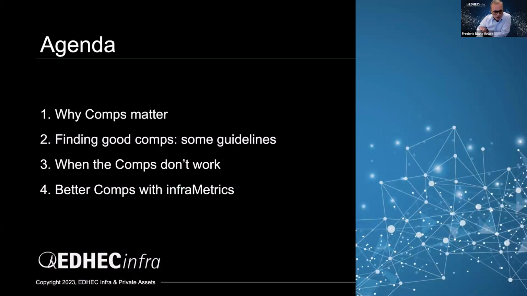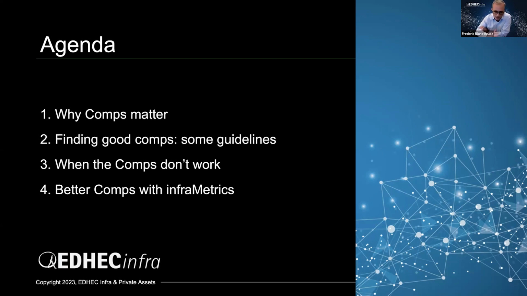The agenda for today. First, why comps matter. Why are we talking about this? Because we are typically known as the benchmark guys. I think that's how people like to refer to us. It touches on something very fundamental, and in the end, you'll see it touches on benchmarking. Then I'll discuss what it means to find good comps. This is a little bit tricky.